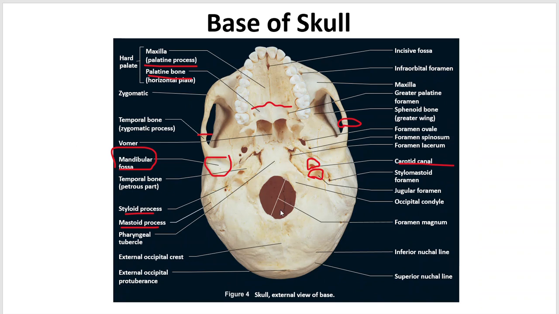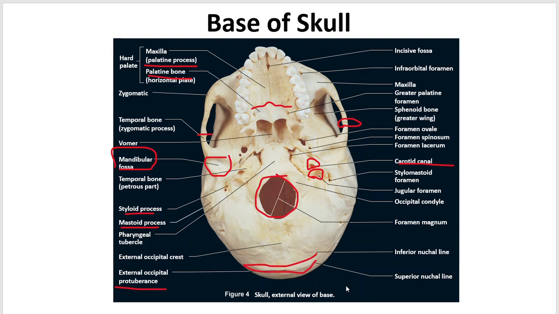Okay, this big hole here, this is the occipital bone. That's called the foramen magnum. It's called that because that's the biggest hole in the bottom of your skull, and that's where the spinal cord starts. External occipital protuberance, I don't know if you guys can see, it's right there.